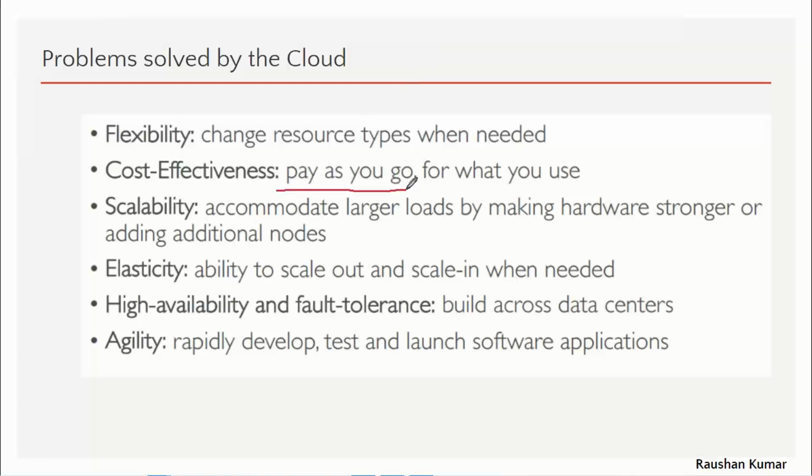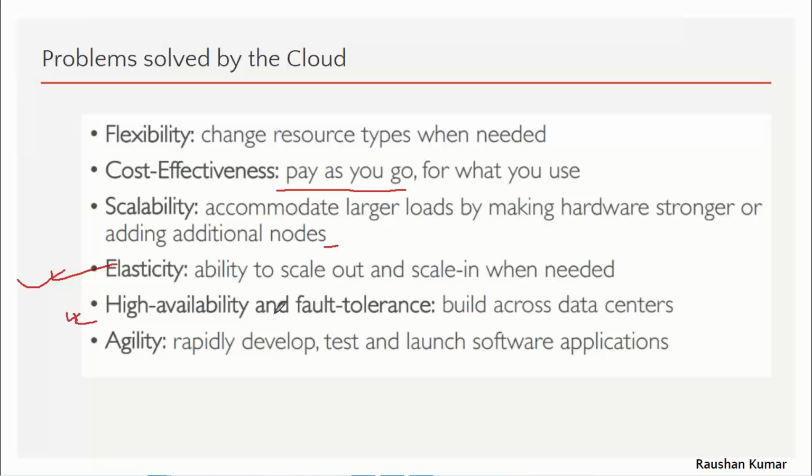Pay as you go model. You only pay for what you use, not what you don't use. Accommodate larger loads by making hardware stronger or adding additional nodes. You can do that. Elasticity, we're talking about that. High availability: you can set up your architecture in such a way that your application is highly available.